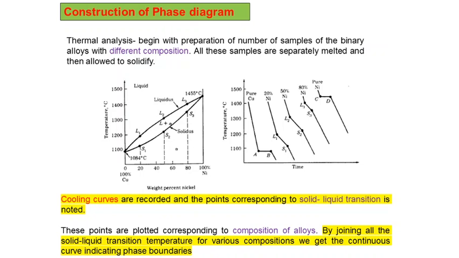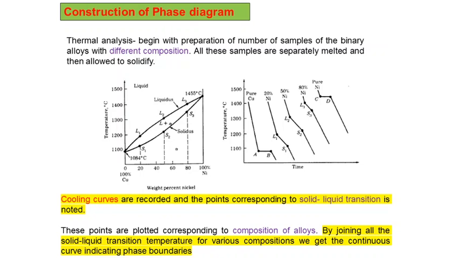So what we actually do, in order to create any phase diagram, is make different metal alloys of the compositions we will be considering for the phase diagram. For example, in this particular case, we need to construct a copper nickel phase diagram. So we will make different alloys.